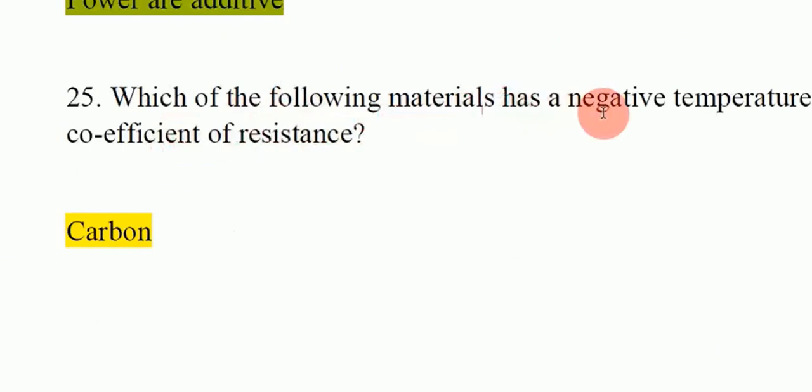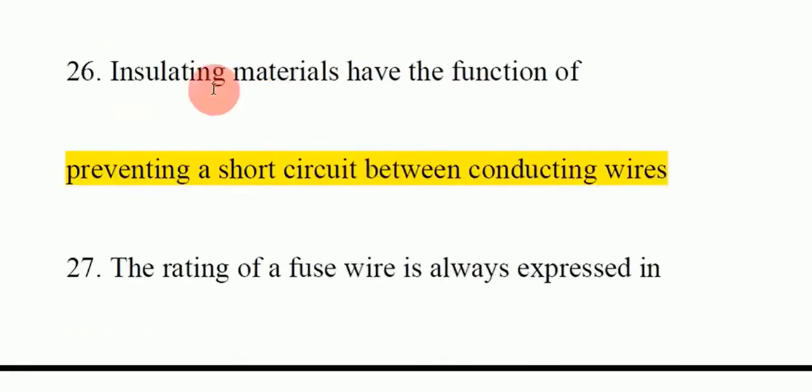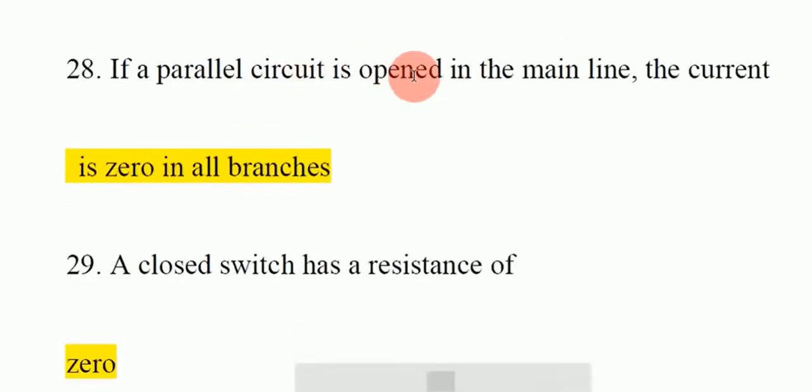Which of the following materials has a negative temperature coefficient of resistance? That is carbon. We have to remember carbon. An insulating material has the function of preventing a short circuit between conducting wires. The rating of a fuse wire is expressed in ampere. If a parallel circuit is open in the main line, the current is zero in all branches.